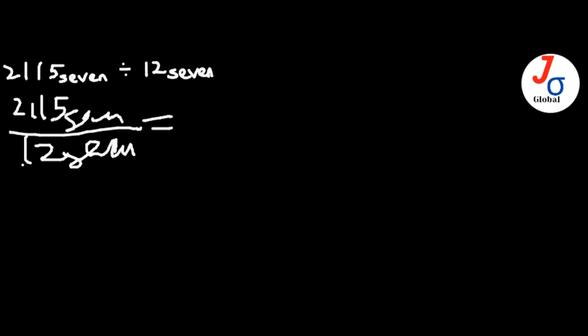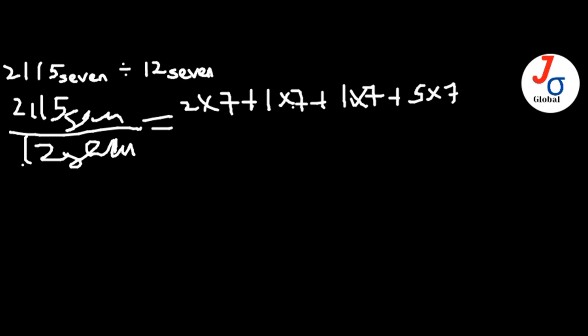Okay, so we're going to have 2 multiplied by 7 plus 1 multiplied by 7 plus 1 multiplied by 7 plus 5 multiplied by 7.